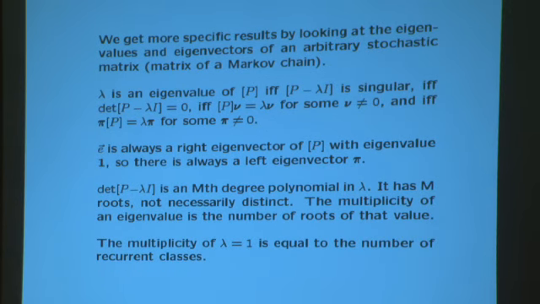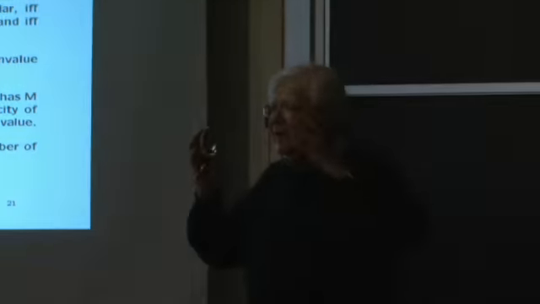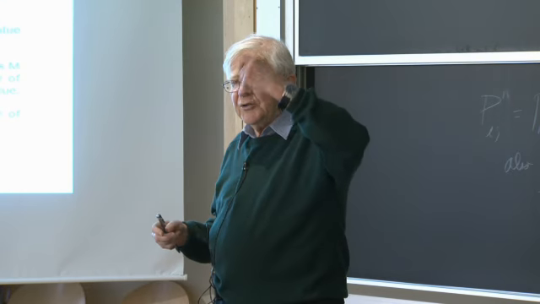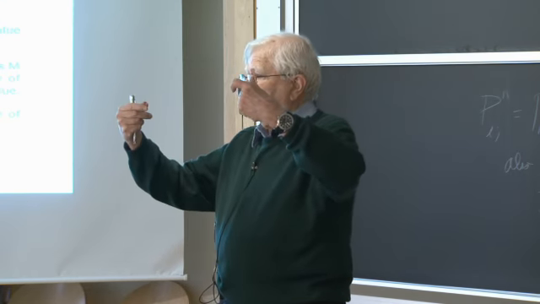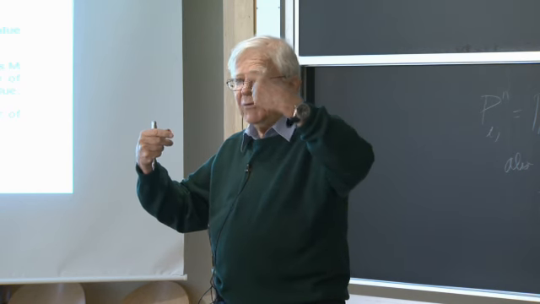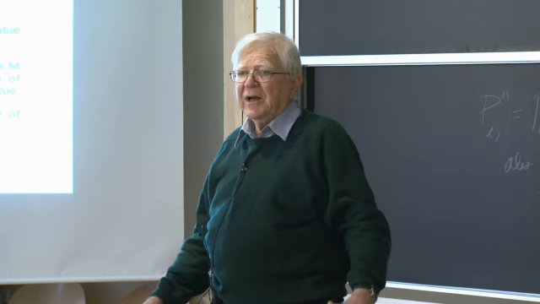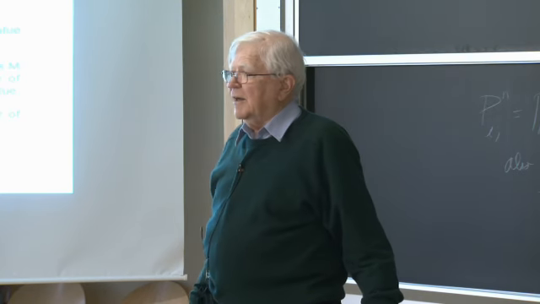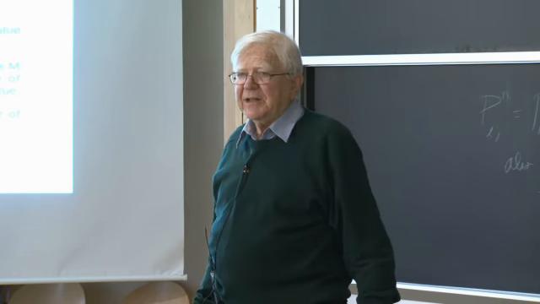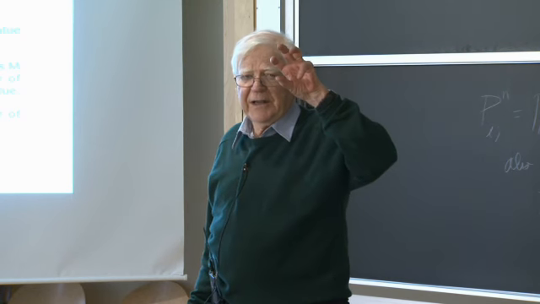Okay, if you have a bunch of recurrent classes, within each recurrent class, there's a solution to pi P equals pi, which is non-zero only on that recurrent class. Namely, you take this huge Markov chain, and you say, I don't care about any of this except this one recurrent class.